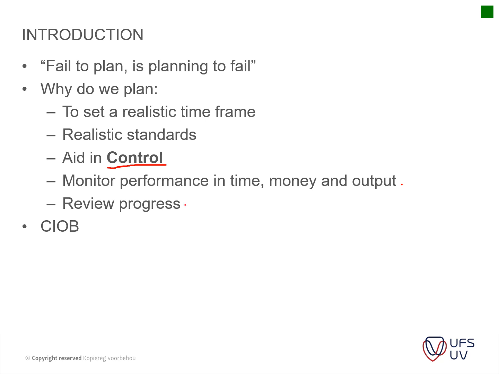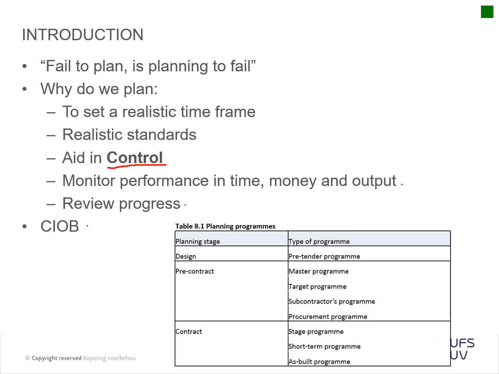Okay, then you'll see the next slide looks at this little table that they give, which is from the CIOB. I've also incorporated the CIDB's guide to planning a little bit later. Basically, table 8.1 just lists the type of planning processes or scheduling methods that we've got.